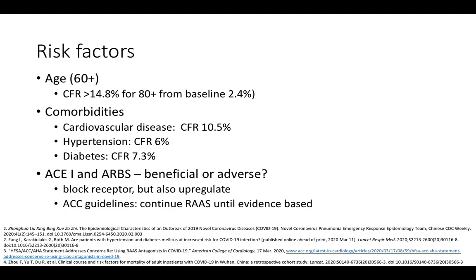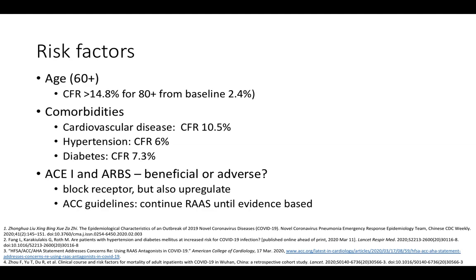There's also a lot of ongoing data, arguments, and research about the adverse or beneficial effects of ACE inhibitors and ARBs in coronavirus. As we mentioned before, ACE inhibitors block the ACE enzyme, and so it's blocking the receptor that the virus is actually using to get into the respiratory epithelium.